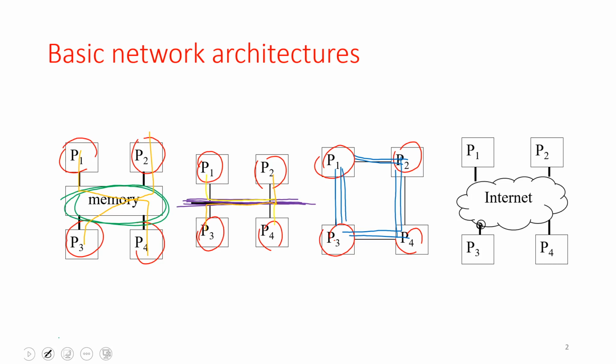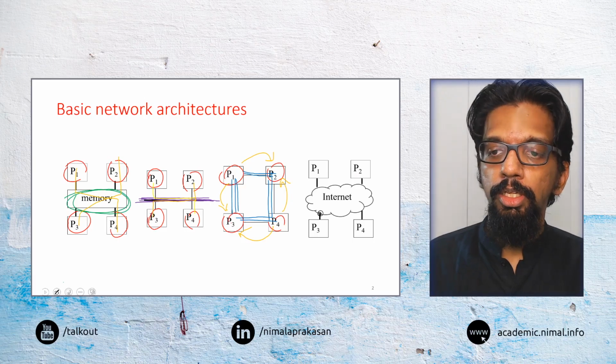For example, P1 would be able to communicate with P3 and P2 through its direct connections. Similarly, P4 can communicate with P2 or P3. That is a dedicated connection that we have to communicate between these devices.